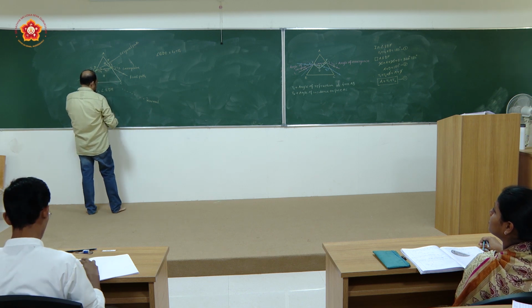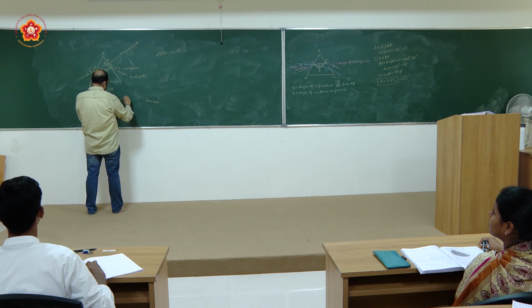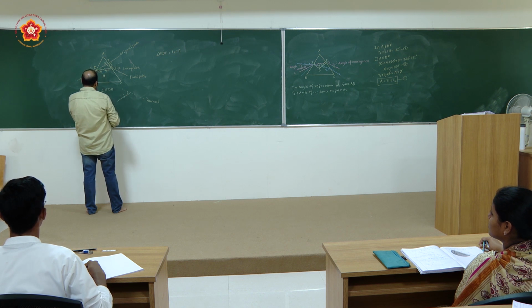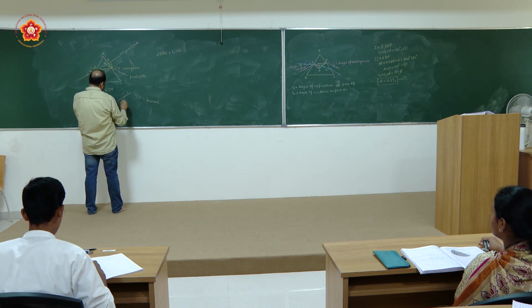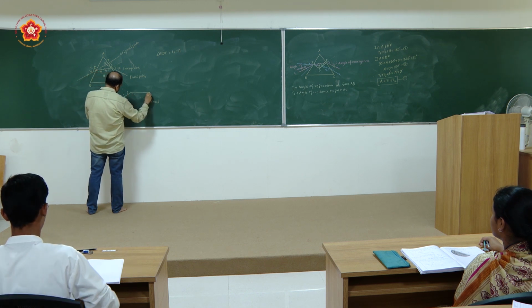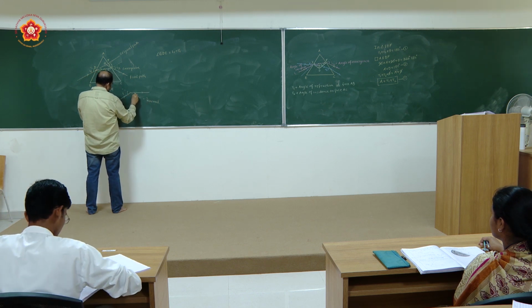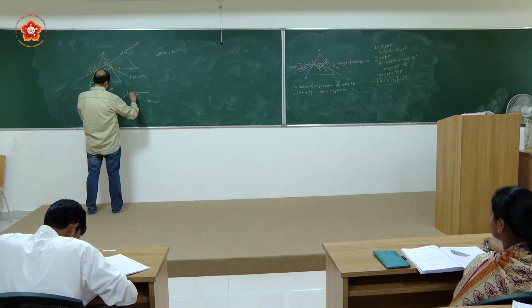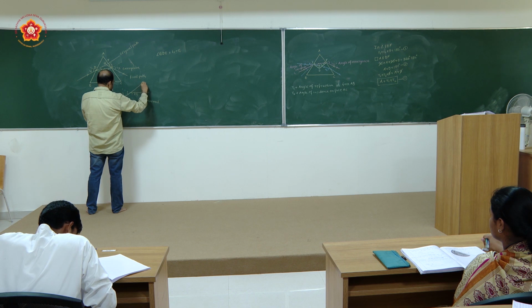And here you have the ray shown. This is your angle of incidence I. And then you are showing the ray traveling along this direction, so that this becomes your angle of refraction R1. The original path would have been taken along a straight line here.